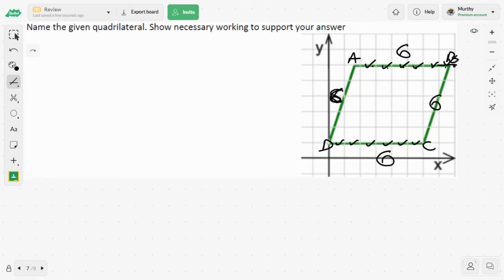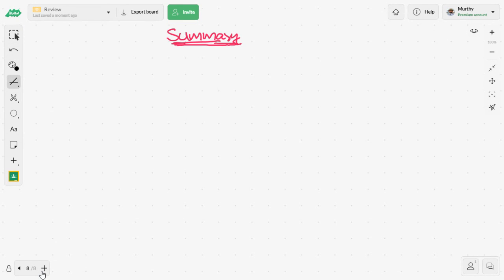Okay, so let's go to the last part, which is the summary for the day. In today's class, we quickly revised that the distance formula is the square root of (x2 minus x1) whole square plus (y2 minus y1) whole square.